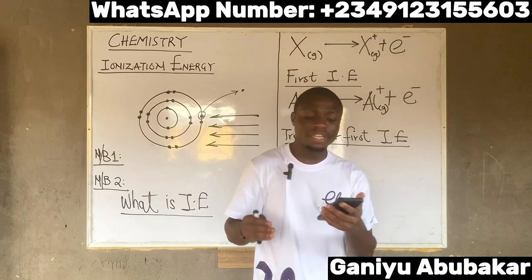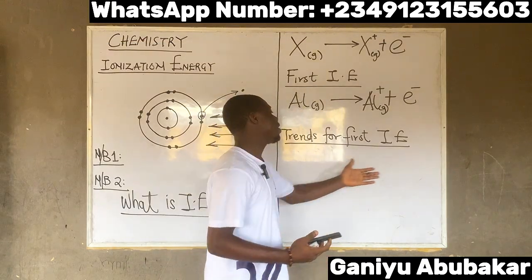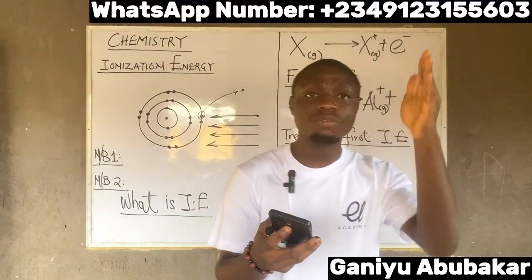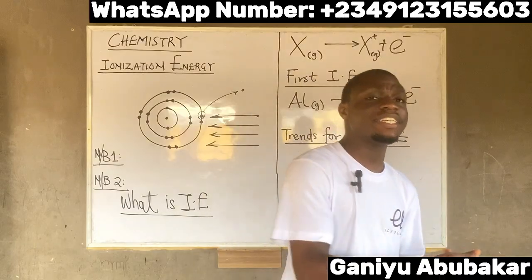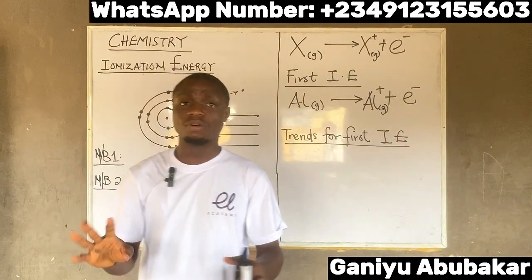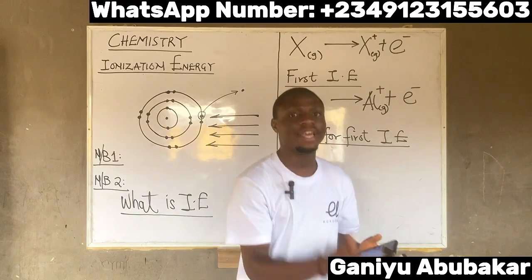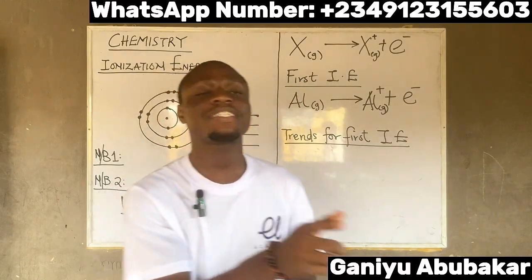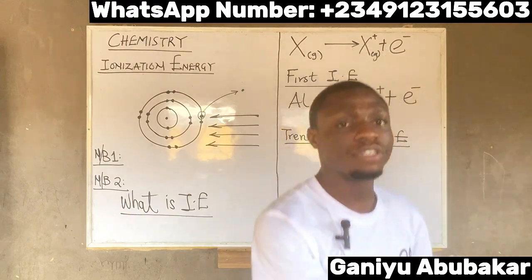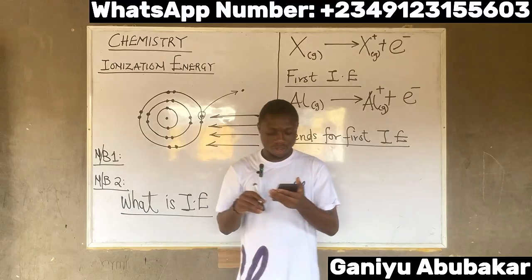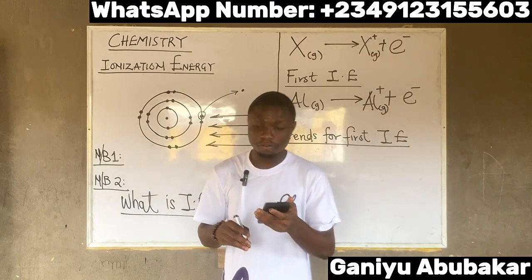In essence, the trend for first IE is that it decreases down the group and increases across the period. That's all. The key takeaway is that your first IE decreases down the group and increases across the period. You have that for yourself.